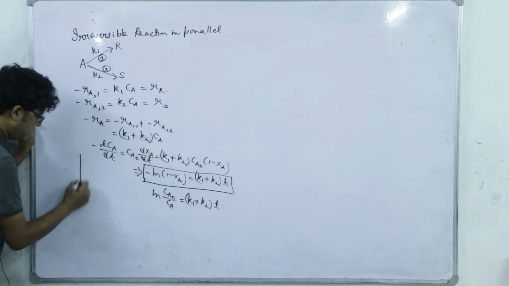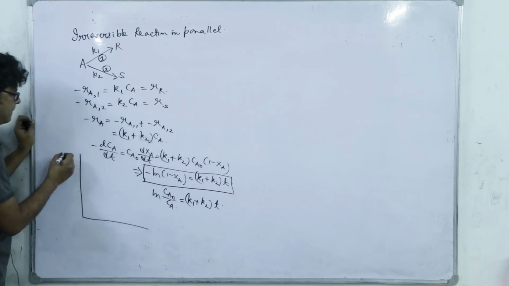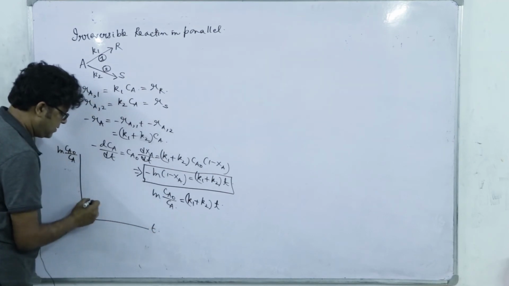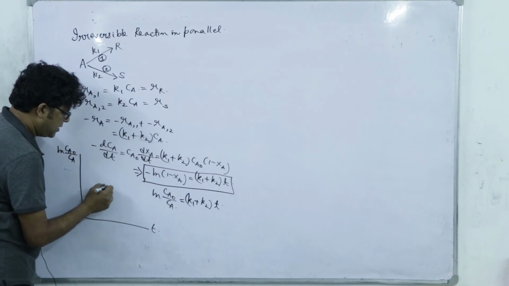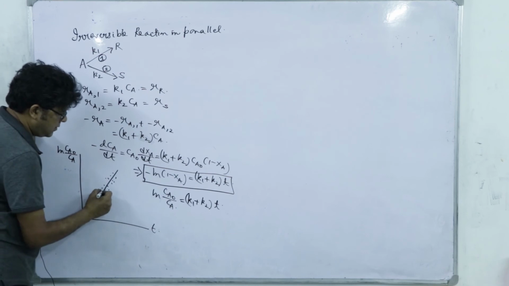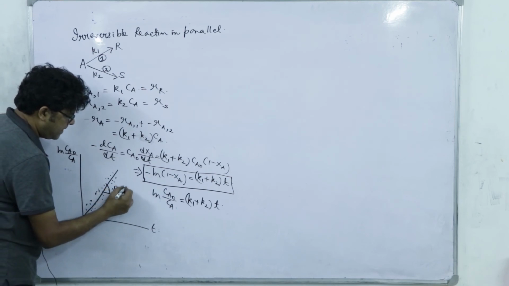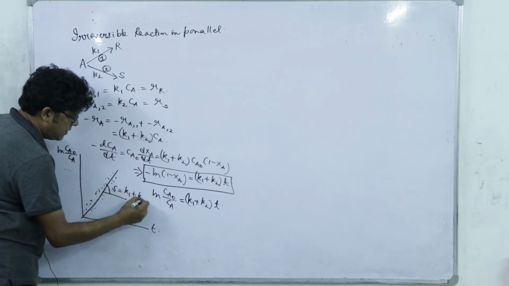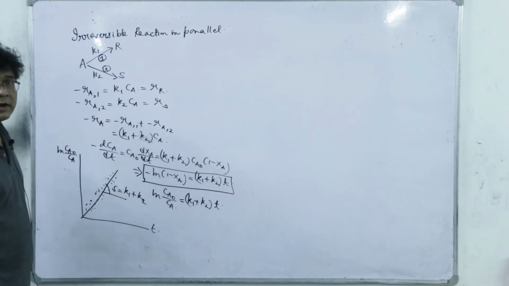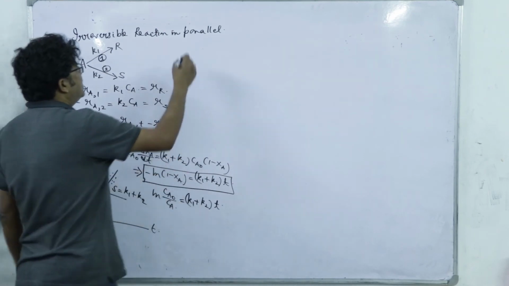So you see that if we plot ln of CA0 by CA versus t, and these are the scattered plot, from the slope I will get the value of K1 plus K2. But we have to solve for K1 and K2 individually, right. So for that what is to be done?